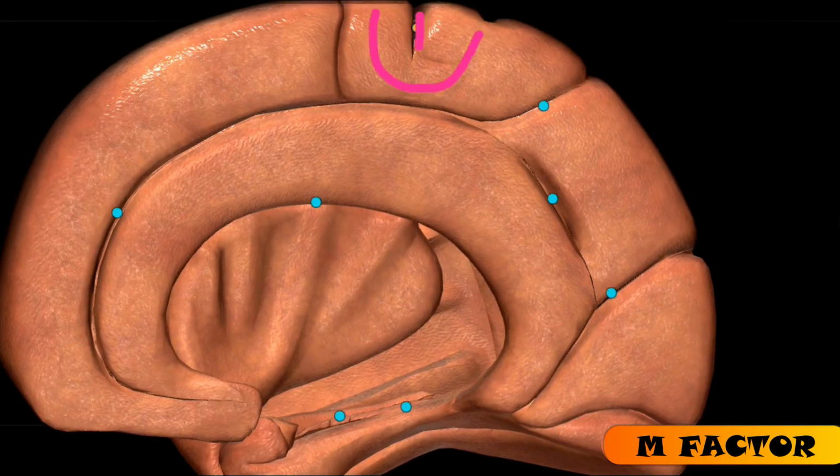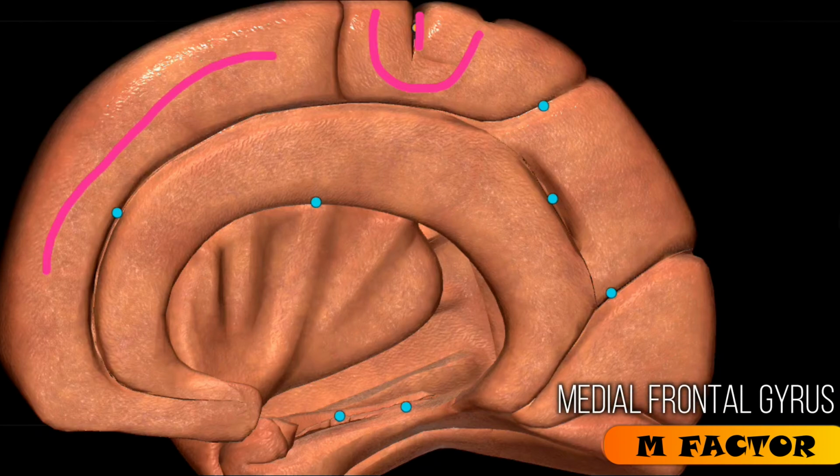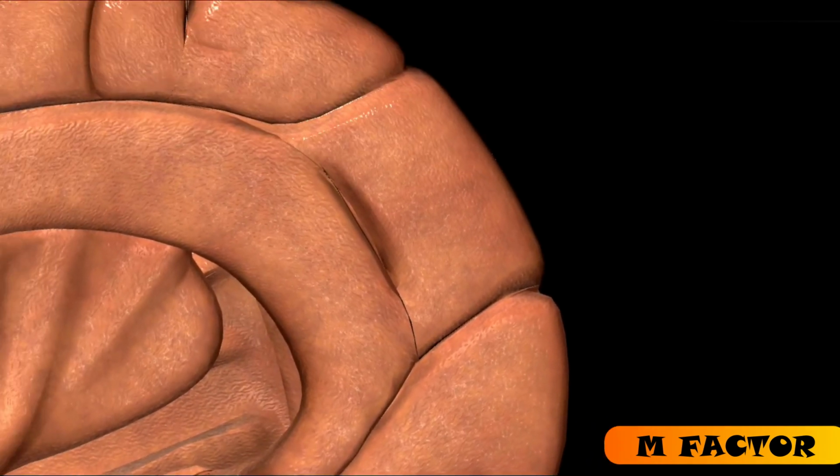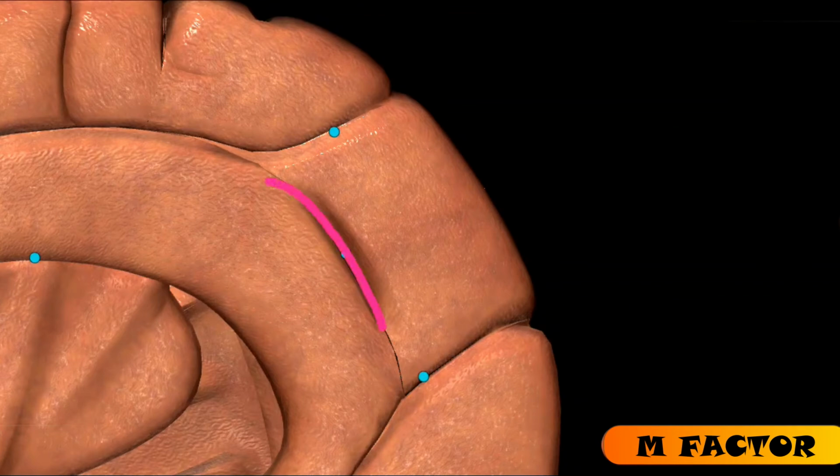This is the upper middle part of the central sulcus. The U-shaped gyrus around the end of the central sulcus is called the paracentral lobule. The area between the cingulate gyrus and the supromedial border in front of the paracentral lobule is called the medial frontal gyrus. The quadrangular area between the suprasplenial sulcus and the supromedial border is called the precuneus.